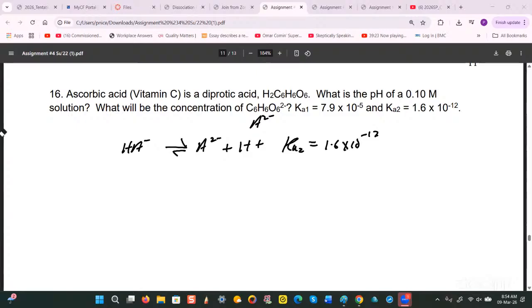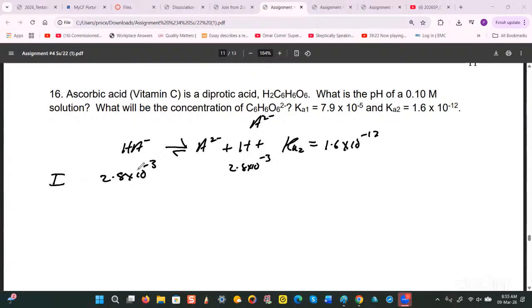In the case of this reaction right here, the final concentration of H plus would be equal to the initial concentration of H plus in this case, which is 2.8 times 10 to the minus 3, right? And the final concentration of HA minus from the previous dissociation would be the same as the initial concentration of HA minus in the second dissociation. So that's also going to be 2.8 times 10 to the minus 3, right?